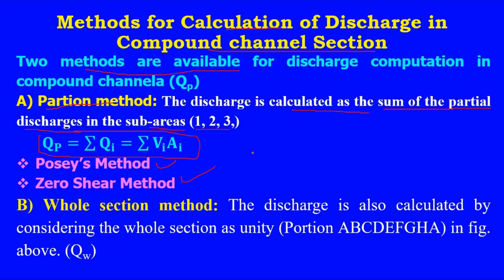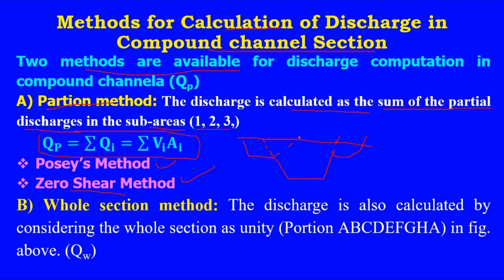So the imaginary line which you are drawing in such a section is the imaginary line, and then we have to include or exclude it. According to the Posi method, the imaginary boundary inside the water is included as a rough surface for the main channel. But in the zero shear method, the imaginary boundary will not be included as a rough surface for any subsection. We will not consider these imaginary lines.